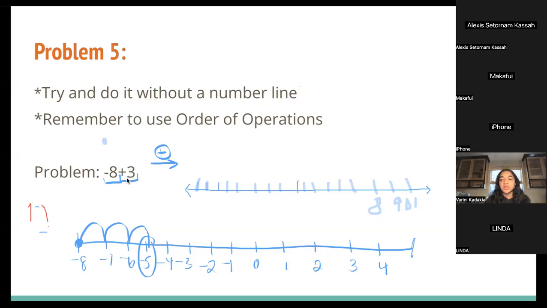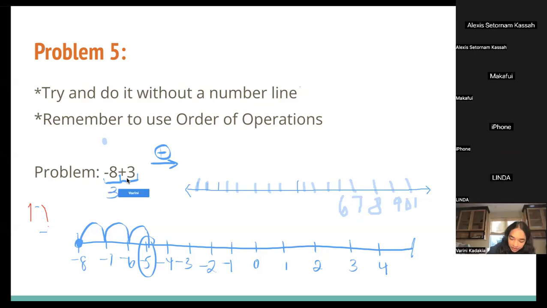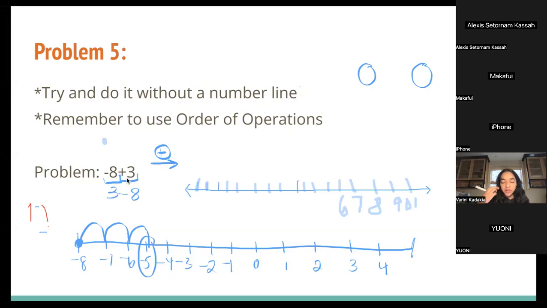Okay, so that's one way to think about it. I think you thought of this in terms of the number of items, right? Yes. Okay, so you can rewrite this as 3 minus 8. Let's say you have 3 items, 1, 2, 3. Now you have to get rid of 8 of them. So you get rid of 1, 2, 3.